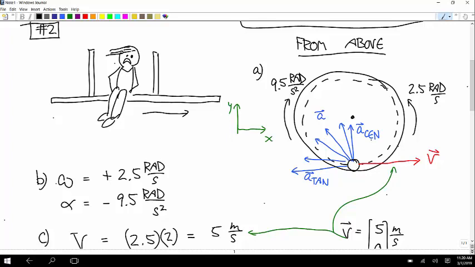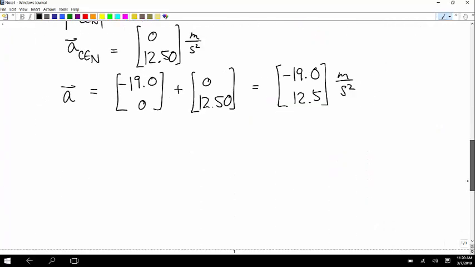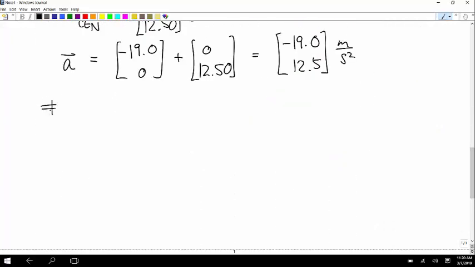Okay, let me go through number 4. So we're talking about a golf cart, but all that we care about is the wheel part of the golf cart. The wheels rotate counterclockwise and accelerate clockwise.